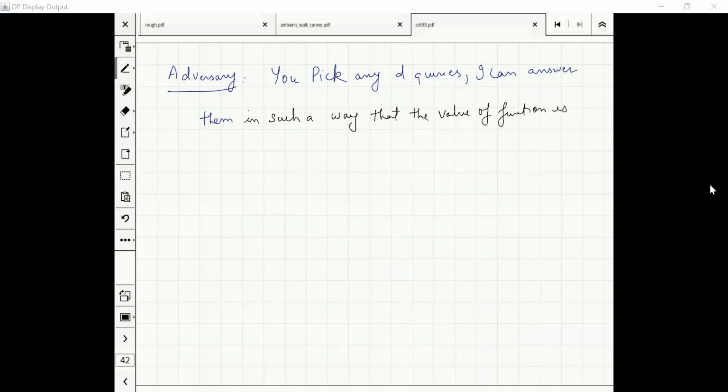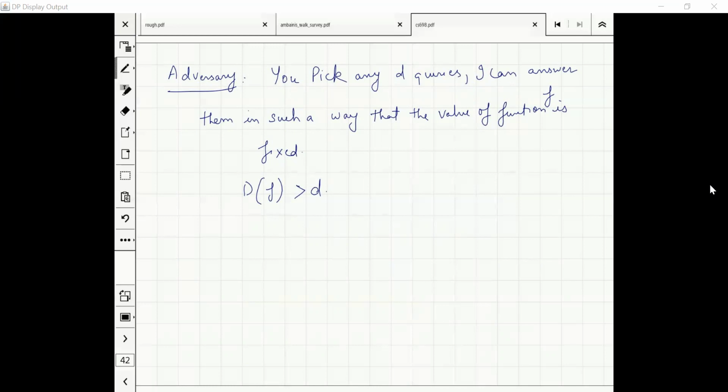The value of the function depends on the remaining variables which you have not queried. If there is an adversary argument like this, then D of F is more than D. This is, in some sense, the content of the adversary. Did I answer your question?